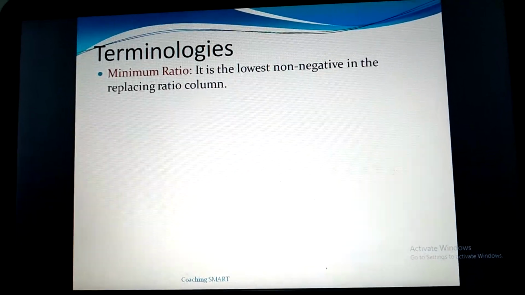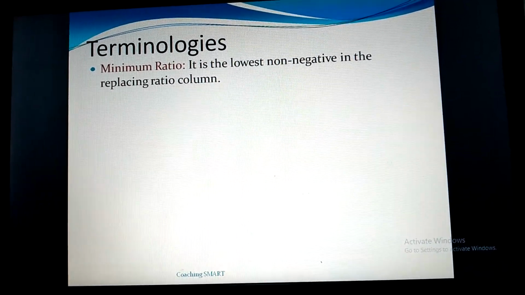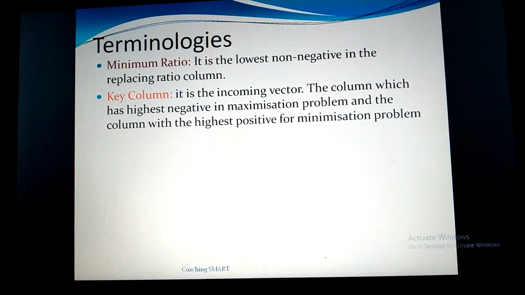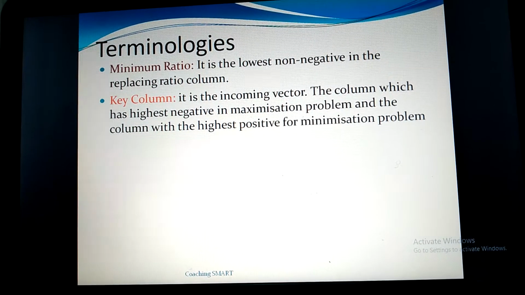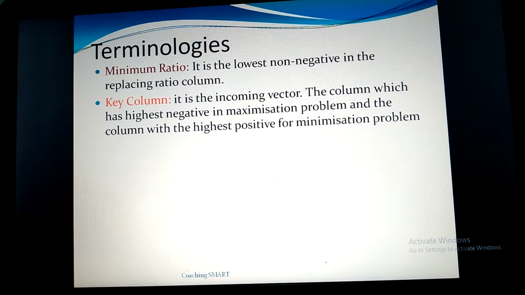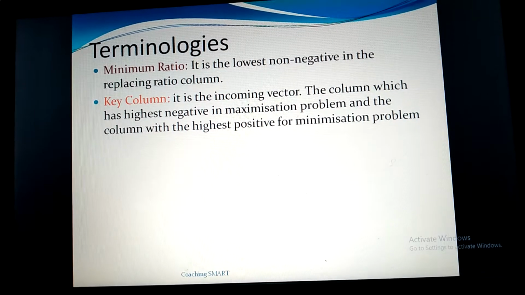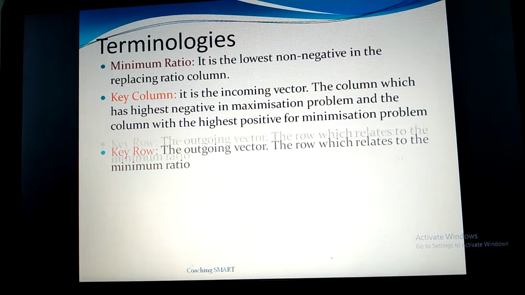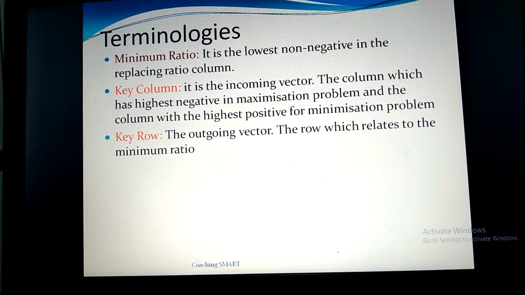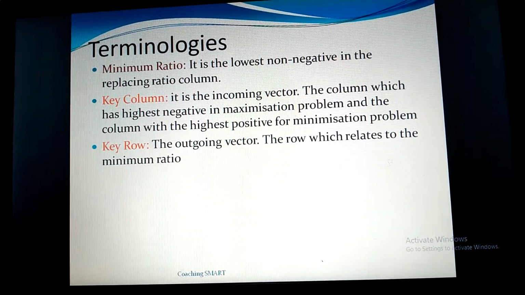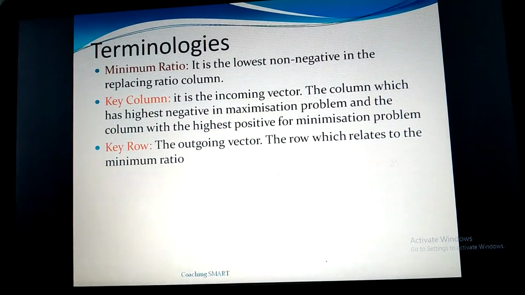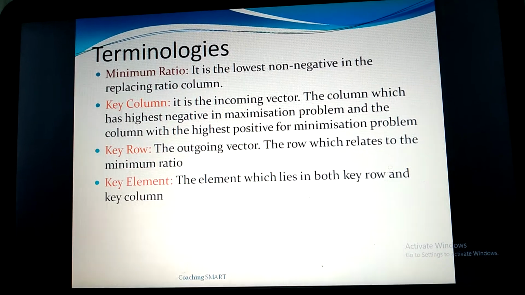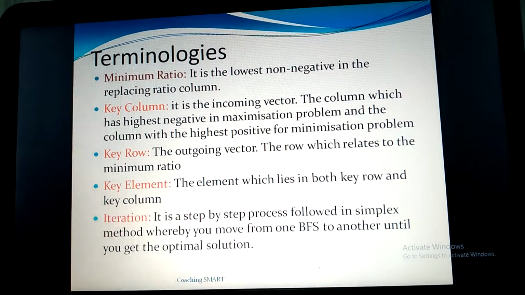Minimum ratio is the lowest non-negative value in the replacement ratio column. Key column is the incoming vector, the column which has the highest negative in a maximization problem and the highest positive in a minimization problem. Key row, the outgoing vector, the row which relates to the minimum ratio. Key element, the element which lies in both the key row and key column.